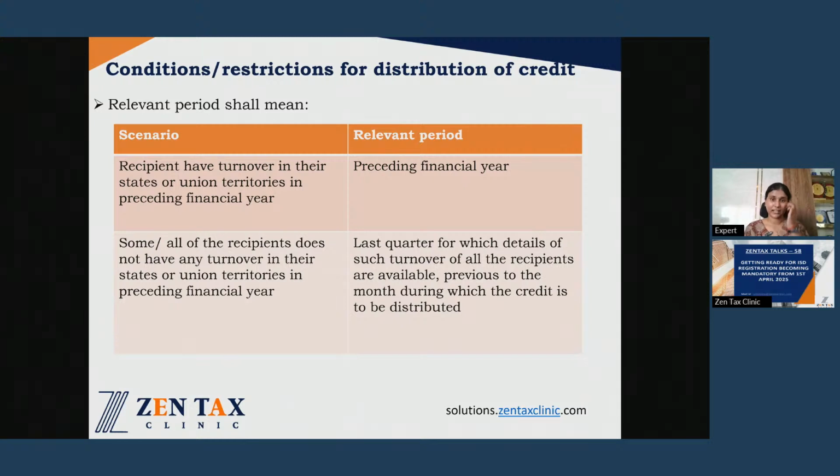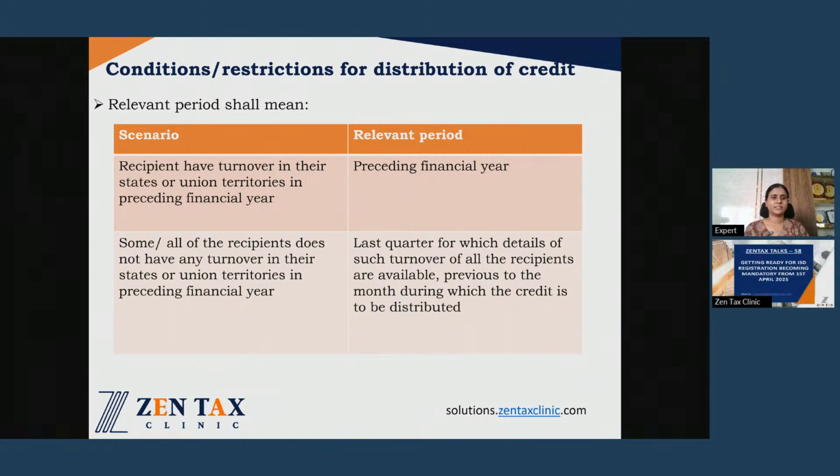If the ISD has to calculate the credits with respect to an entity for the month of March 2025, then they can take the preceding financial year, that is, the 2024-25 financial year's turnover, for calculating this relevant period.